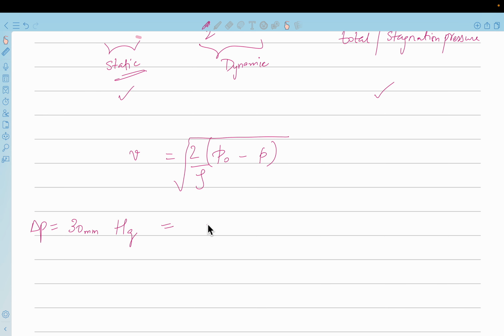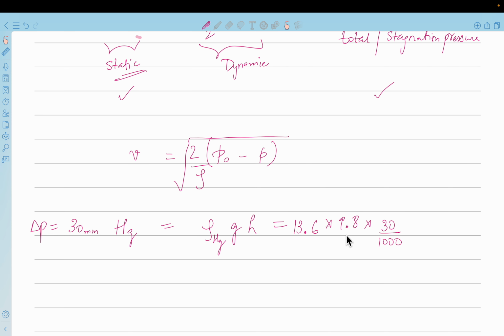So we can convert this to pascals. How do we convert that? Again, rho Hg into gravity into this height. So what is the density of mercury? Do you remember? Okay, that is in what units?